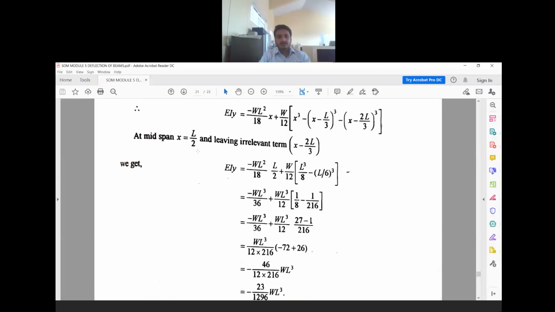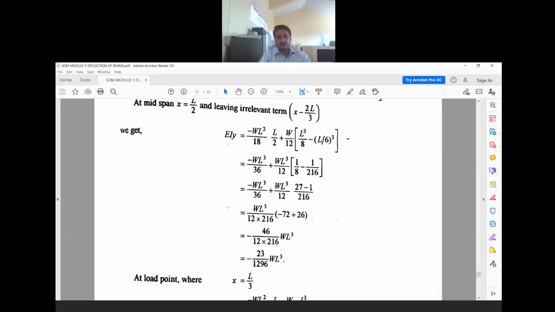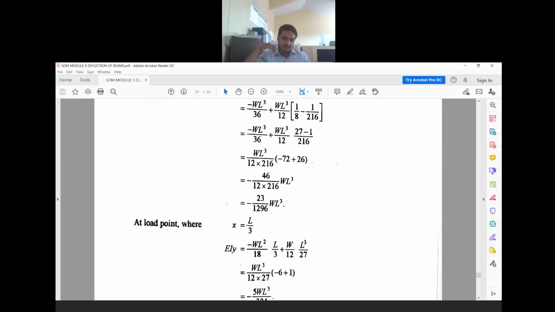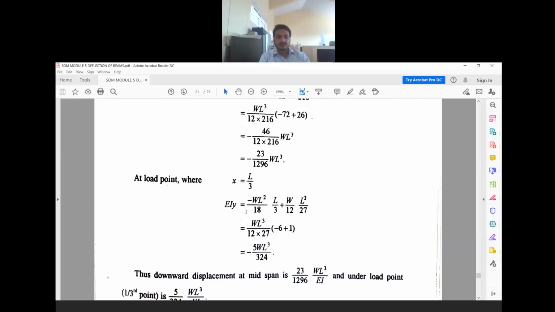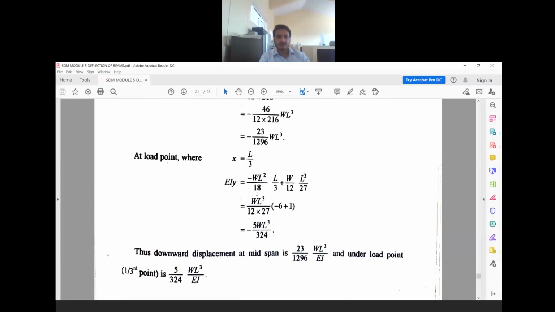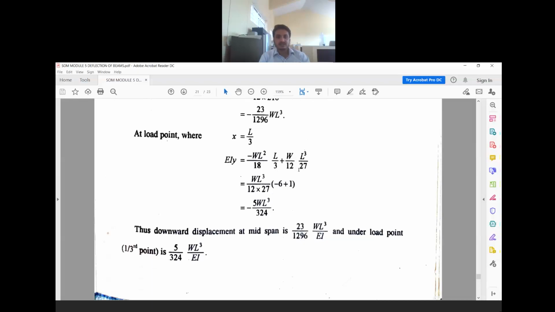So after substituting x is equal to L by 2, you will get y is equal to minus 23 by 1296 EI into WL cube. Okay, when x is equal to L by 3, at the point loads, the point is at L by 3. So substitute x is equal to L by 3, you will get y is equal to minus 5WL cube by 324 EI.